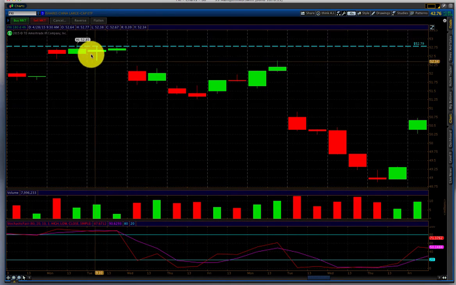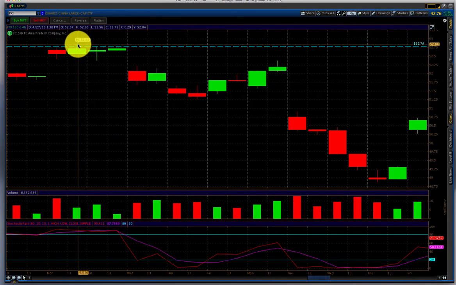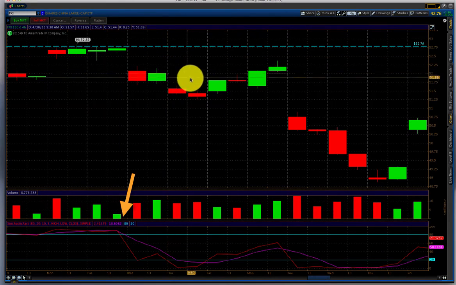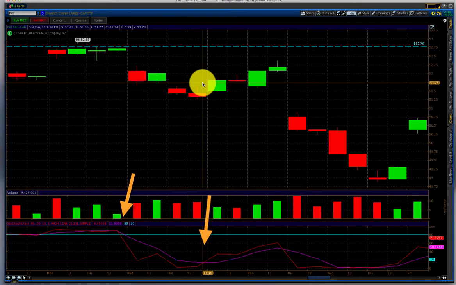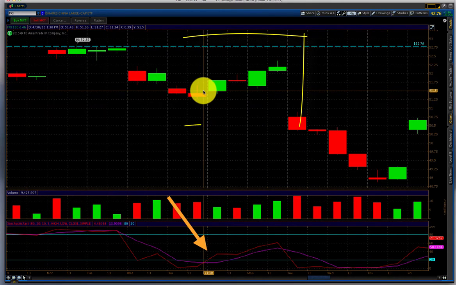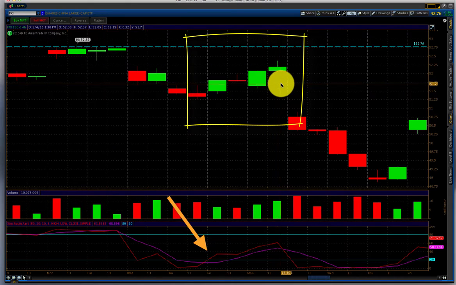All right, so you had this high here. You have this crossover. Here's the cross back. You could cover here. That's 2 points, $2 right there. You could trade it from the long side, from here through this cross.